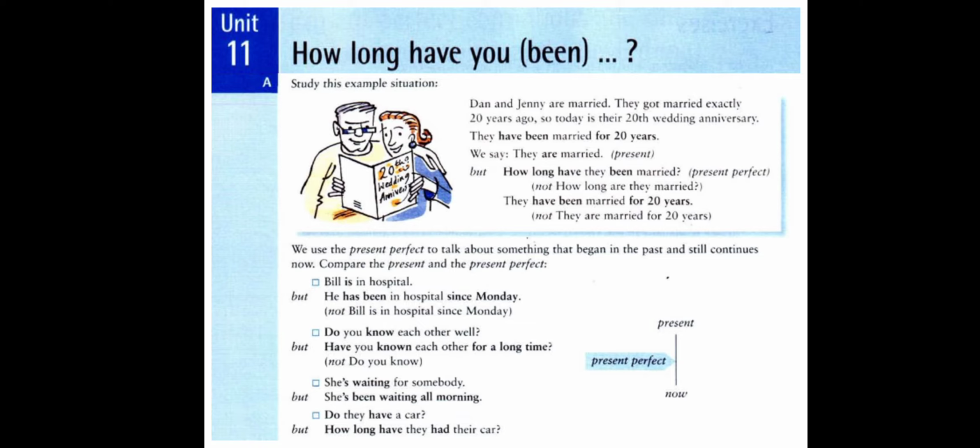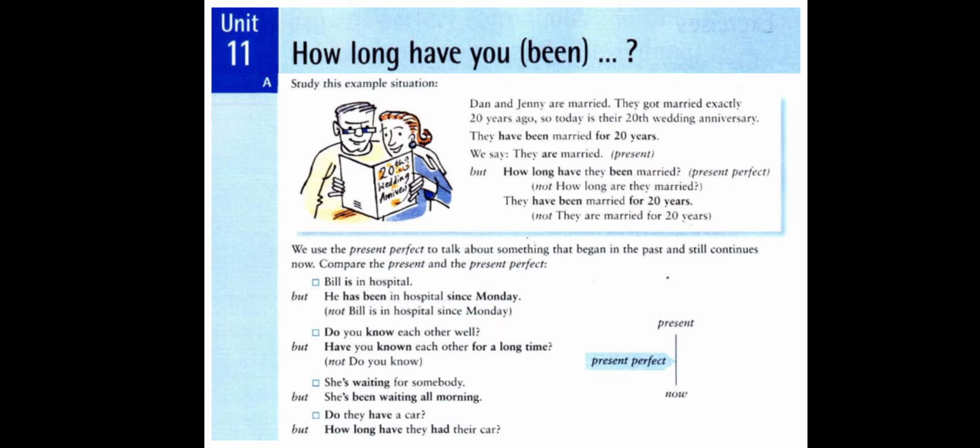This is the meaning. And if you speak about the action extended from the beginning, a long time ago, until now, then we use the present perfect simple. So we say, have you known each other for a long time? For a long time back until now. It means the action extended from the past until now.